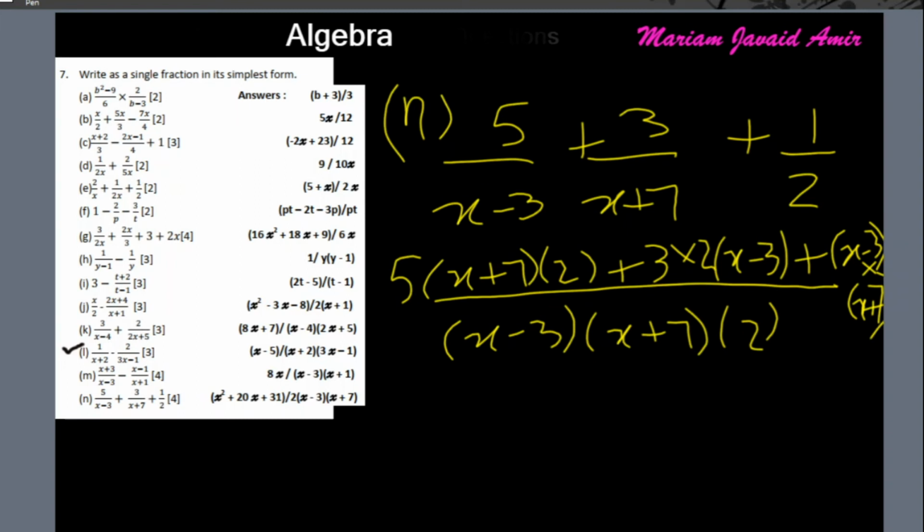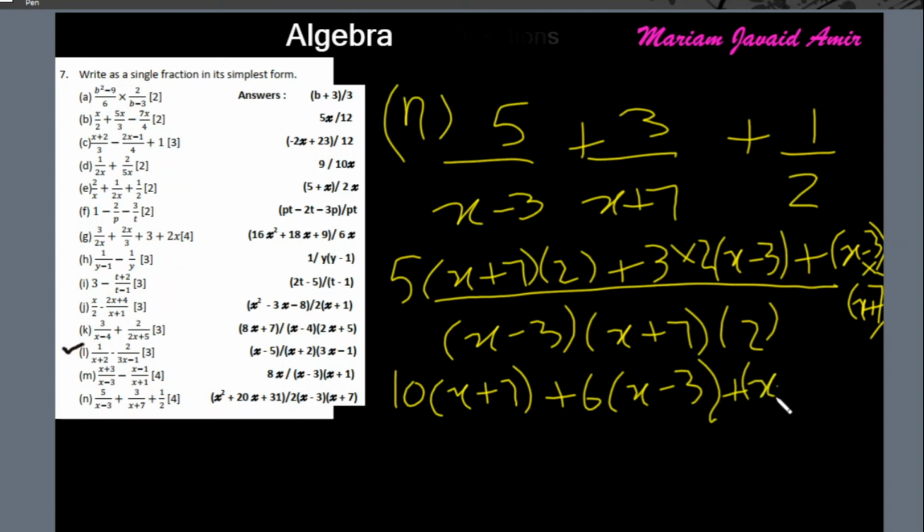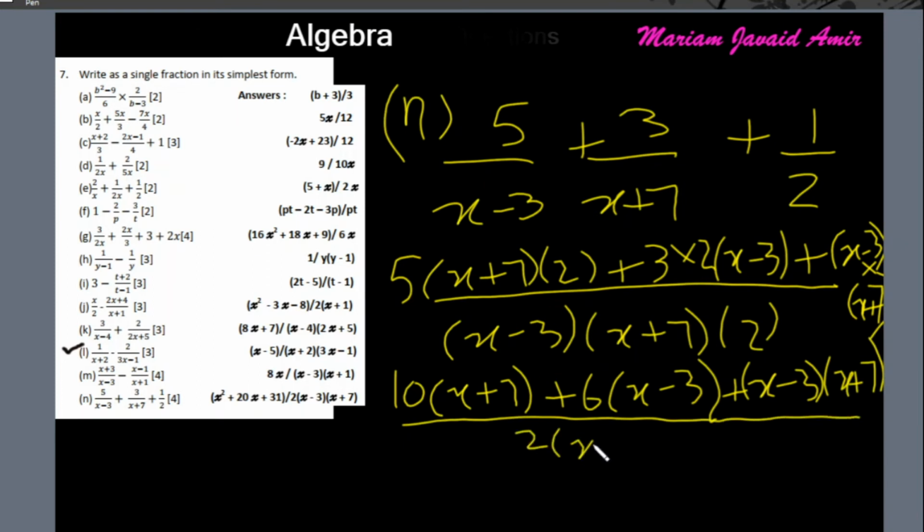Okay, so this becomes 10 times x plus 7, then I have 6 times x minus 3, and then plus x minus 3 times x plus 7, over 2 times x minus 3, x plus 7.